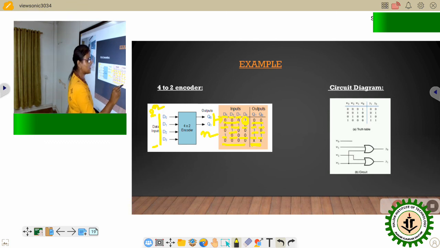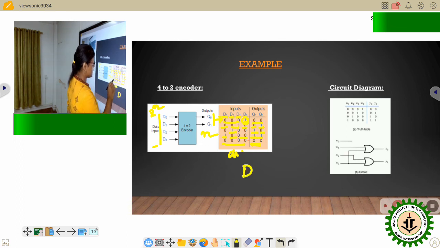Next, by means of a circuit diagram, I will explain. In case of this part, where 1 will be executed, this one is D3, and this one is plus D2. So D3 and D2.